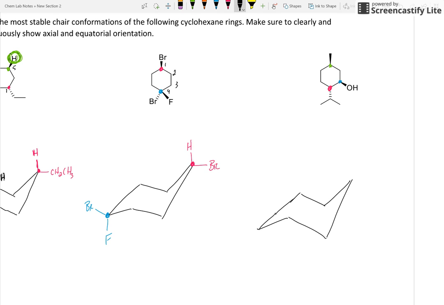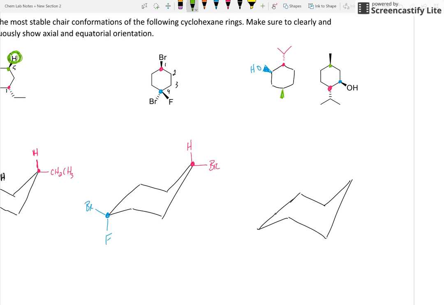So here's what I'm going to do, okay? I'm going to draw a rotation of this ring so that my pink is up here. And that's going to put my isopropyl group here, my oxygen here, and my methyl group here.